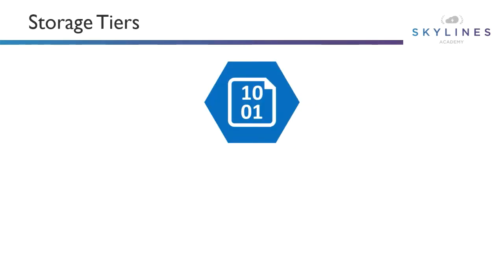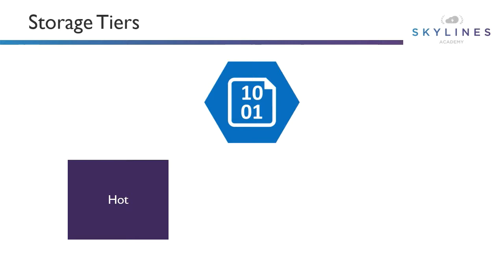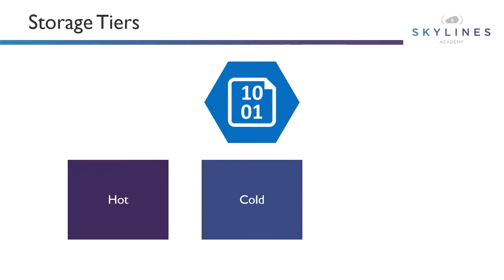Now let's talk about some of the storage tiers. Storage tiers are available with only the general purpose V2 storage accounts. The first one we're going to talk about is the hot storage tier. It is optimized for storing data that is accessed frequently, so any data sets that you're working with typically should be in the hot tier. Cool is used for storing data that's accessed less frequently.